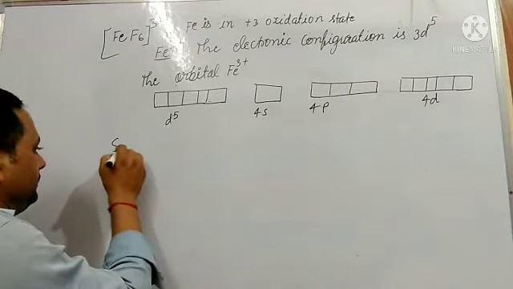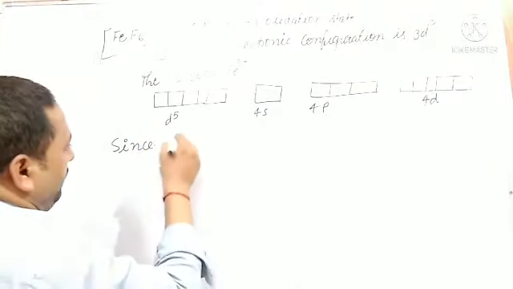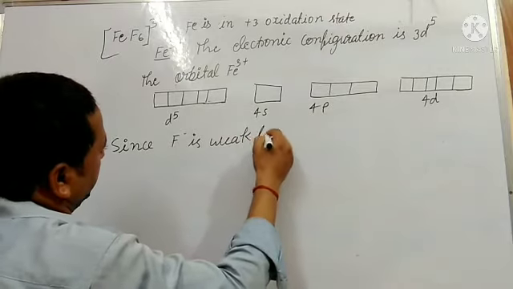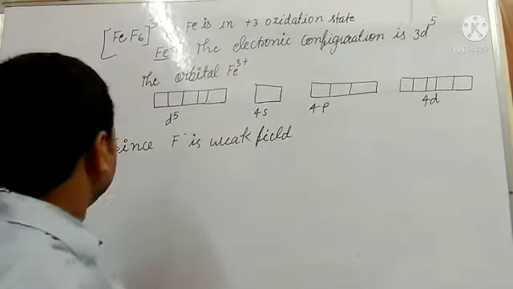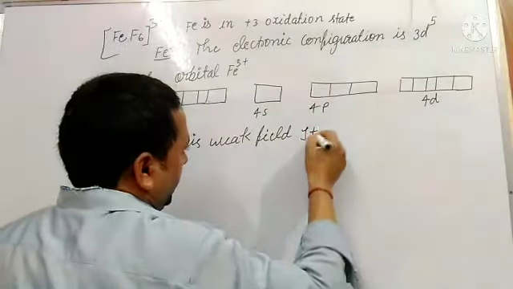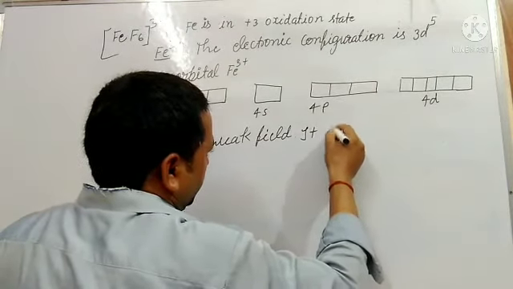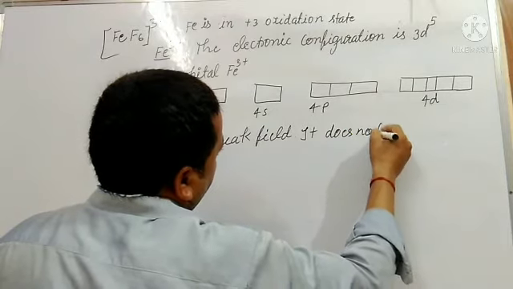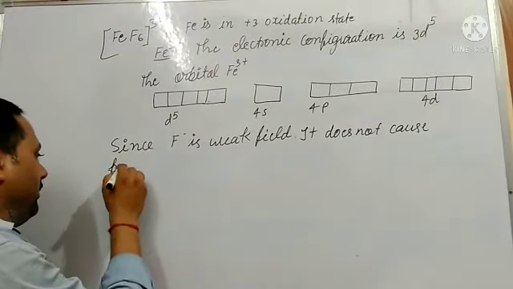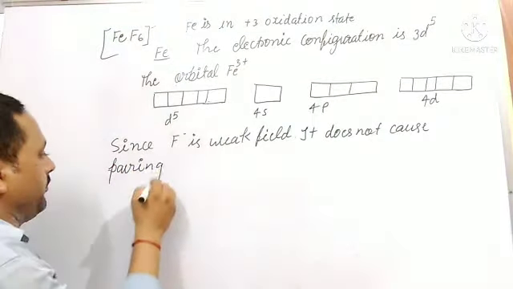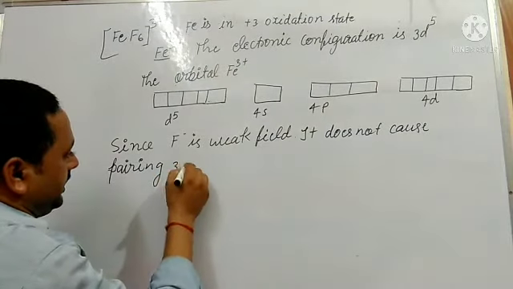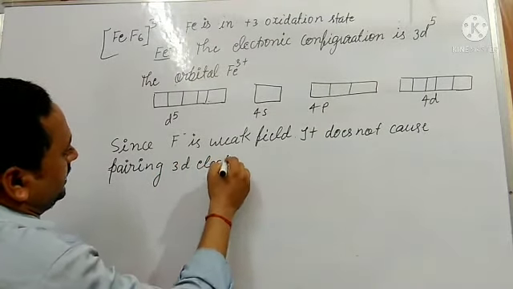Since F is a weak field ligand, it does not cause pairing of 3d electrons.